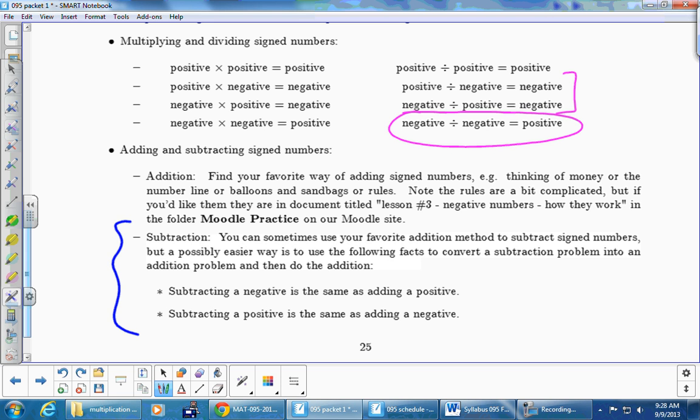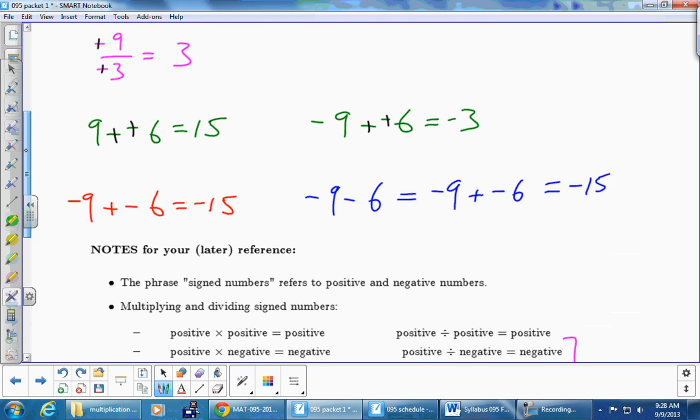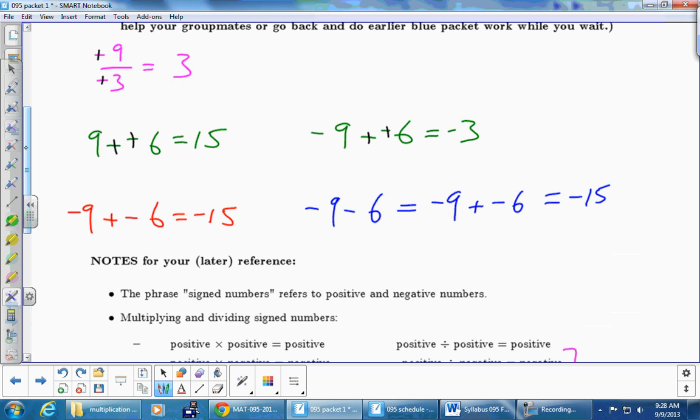One way to think about subtraction is to convert a subtraction problem into an addition problem and then do the addition. Subtracting a negative is the same as adding a positive. That was this first green one. If you ignore the black plus sign stuff, we had 9 minus -6.